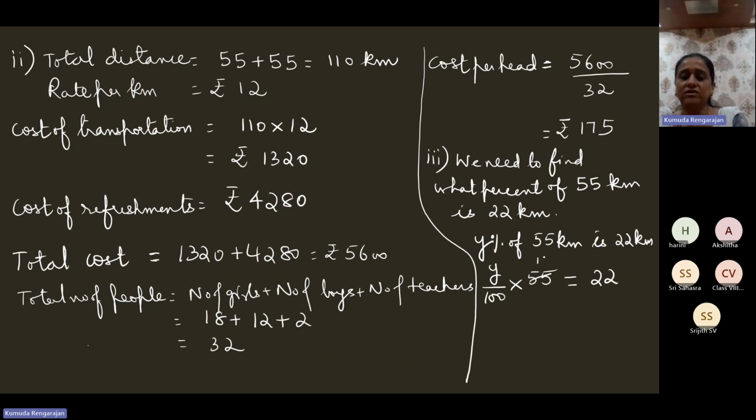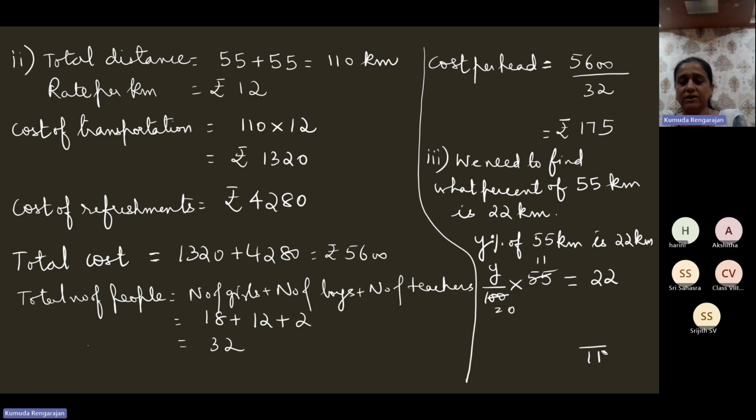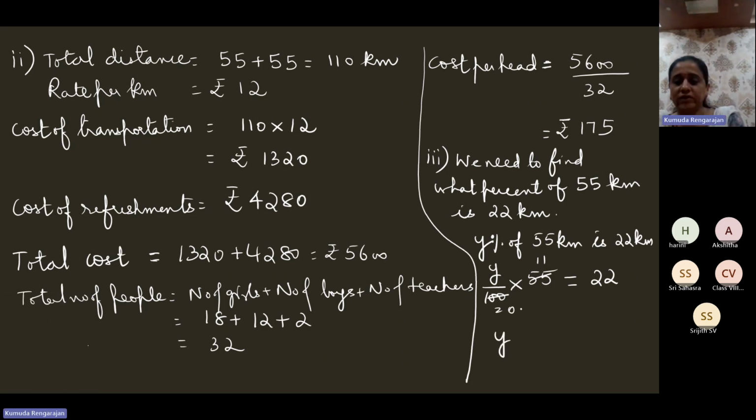5 11s are 55, so 5 20s are 100, so Y by 100 into 55 is 22. Now here we have 11 by 20. It goes to the other side as 20 by 11. Or you can say cross multiply: 20 into 22, and this 11 will come for division by 11.